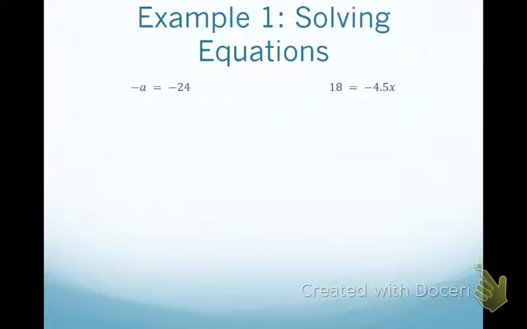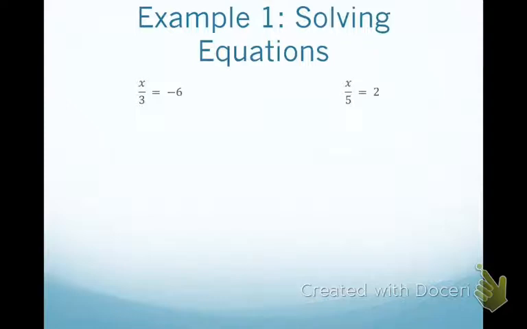All right, example 1. In example 1, what do I see here that is connected to my variable? Would that be division or multiplication connected to my variable? Division. That's definitely division. It's a fraction. A fraction is division, okay? There's no way around it.